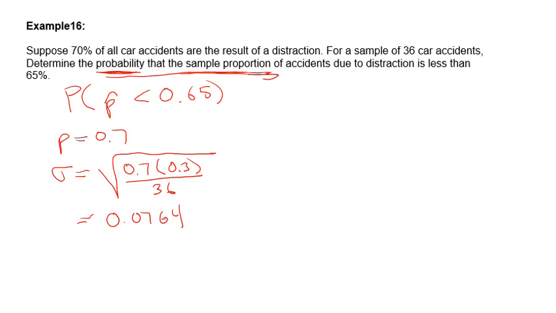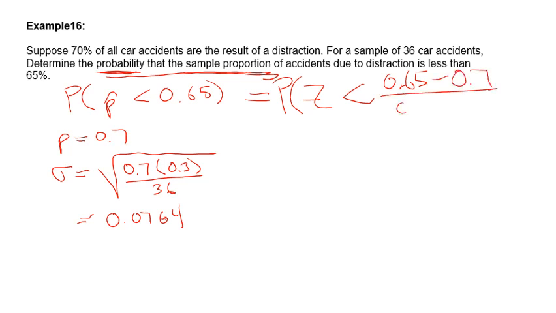So now we have everything we need to get to the table. So this is the probability that z is less than 0.65 minus 0.7 divided by 0.0764. Doing our math, z is less than a negative 0.65.